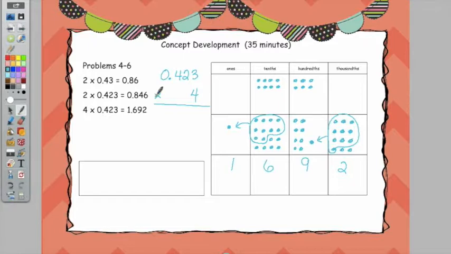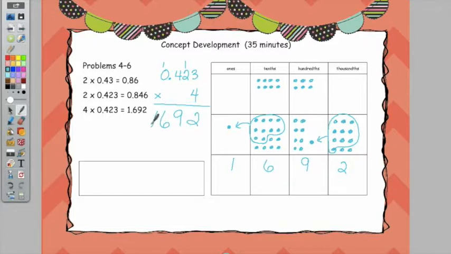Okay, now watch me do it before you do anything else, okay? So 3 times 4, what is it? 12. Regroup the 1, write the 2. 2 times 4, 8, plus 1 more, 9. 4 times 4, 16. So I could regroup the 1 and write the 6, or I could just write 16, okay?